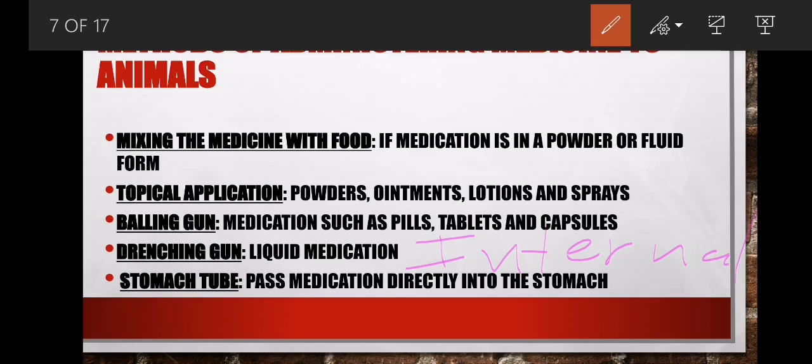That is the aim of using a drenching gun, because the type of medication that you administer there will go into the alimentary canal. So it treats all those parasites that will affect the internal part of the body. Hence we say those are internal parasites. We'll get to that one as we move along with the animal protection and control chapter.